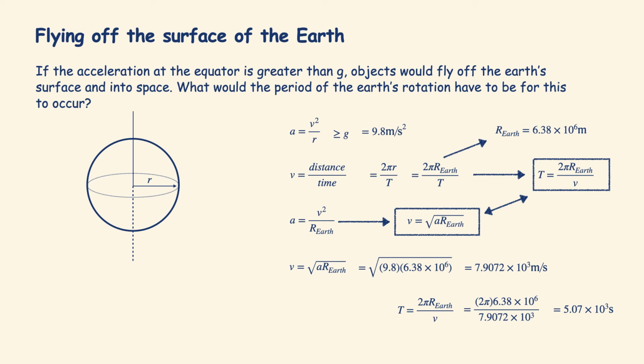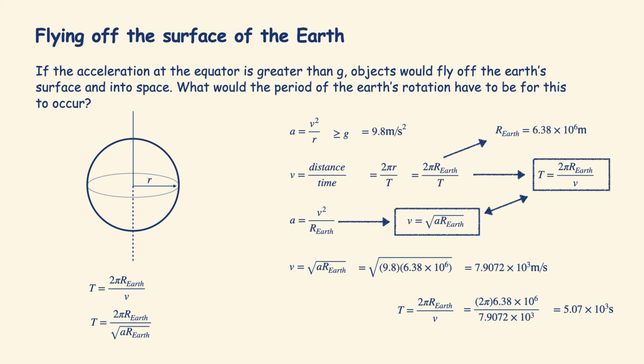If you're like me and you don't want to put in the numeric values until the very end, here's how you can actually work out things symbolically. When you use the formula for the period, 2 pi r over v, you're going to replace v here with its own expression. So you're going to have, for the hypothetical period of the Earth, 2 pi times the radius of the Earth divided by the square root of the centripetal acceleration a times the radius of the Earth.